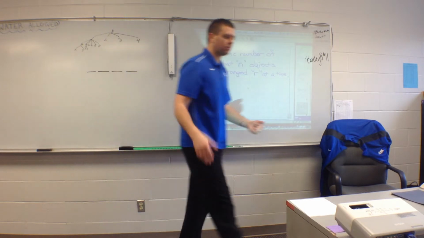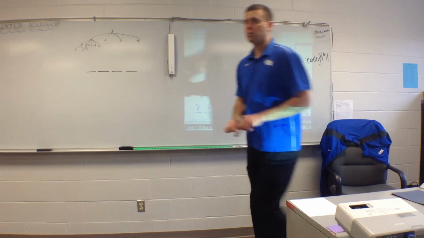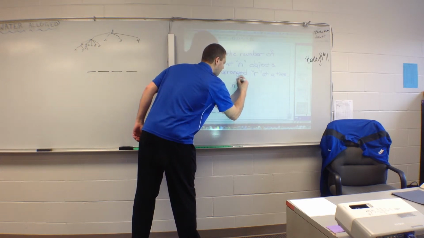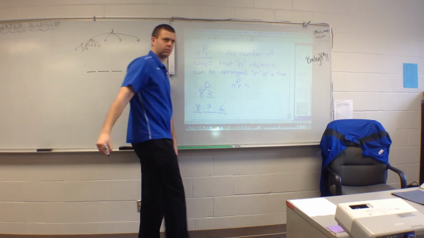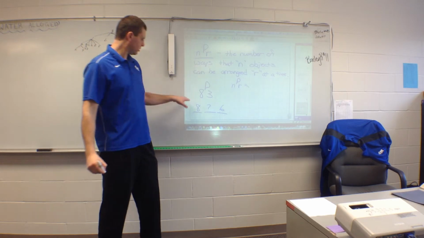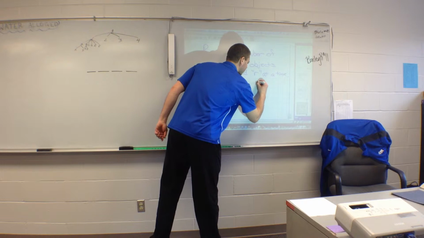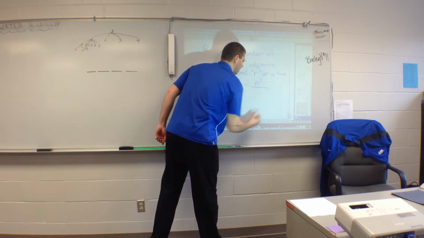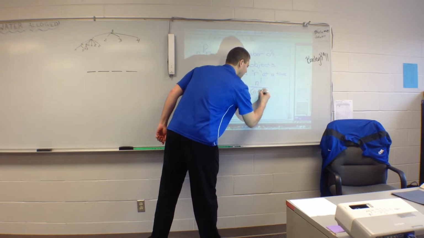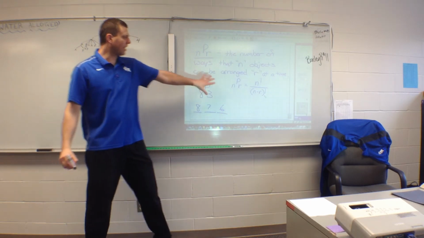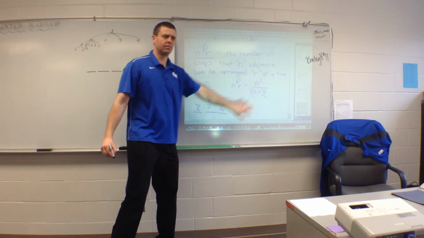Reason being, the math behind nPr, when you do this on your calculator, is n factorial divided by (n minus r) factorial. That is the math that gets done.